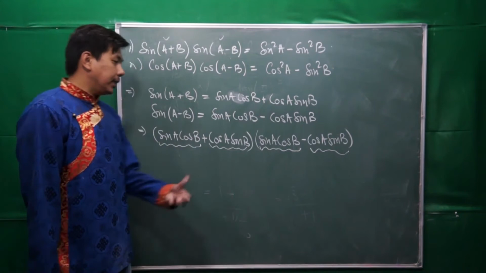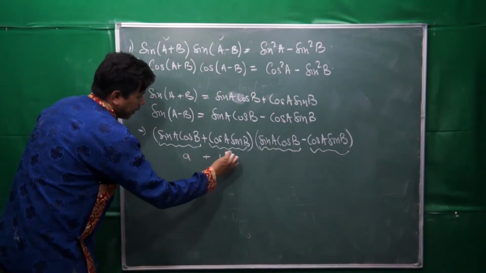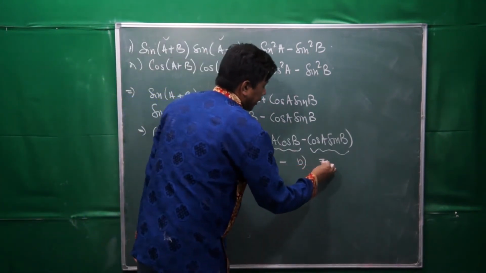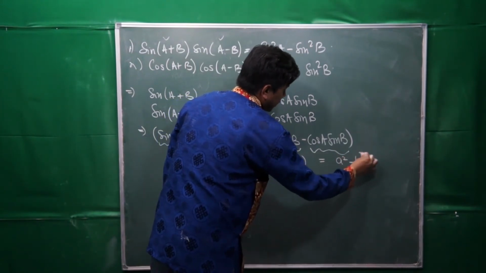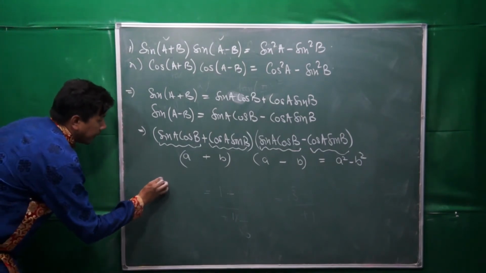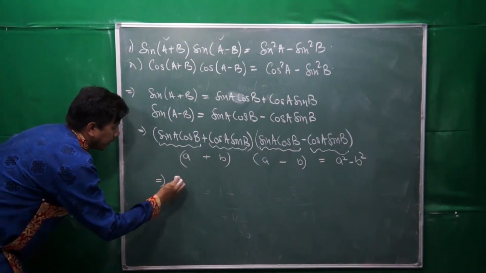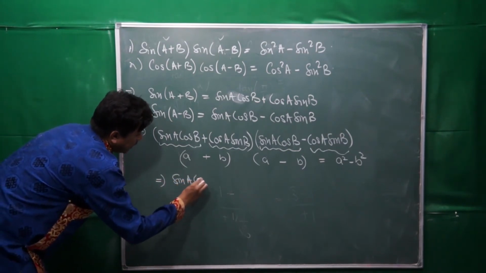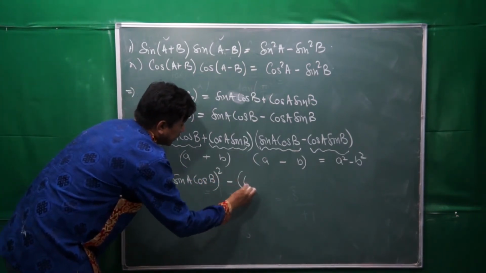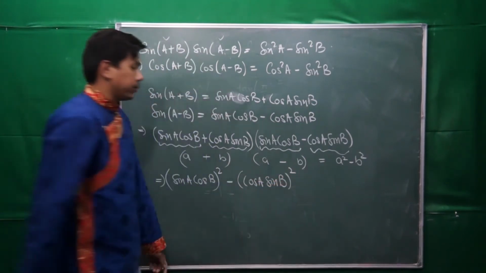This format is easily known to us as (a+b) into (a-b), which sums up into a² minus b². So comparatively, what is a? sin a cos b. So this can be written as (sin a cos b) whole square minus (cos a sin b) whole square.